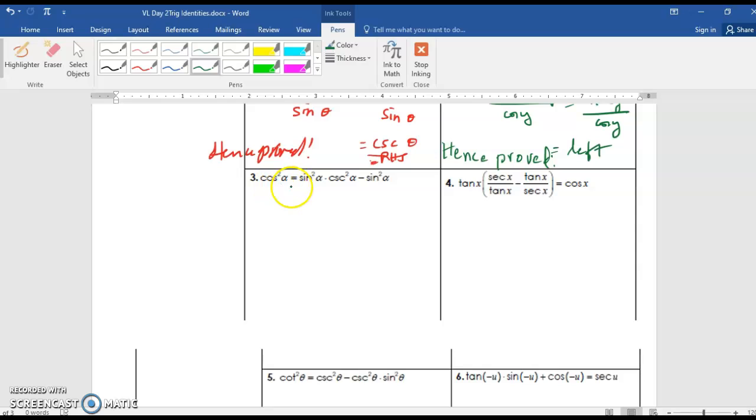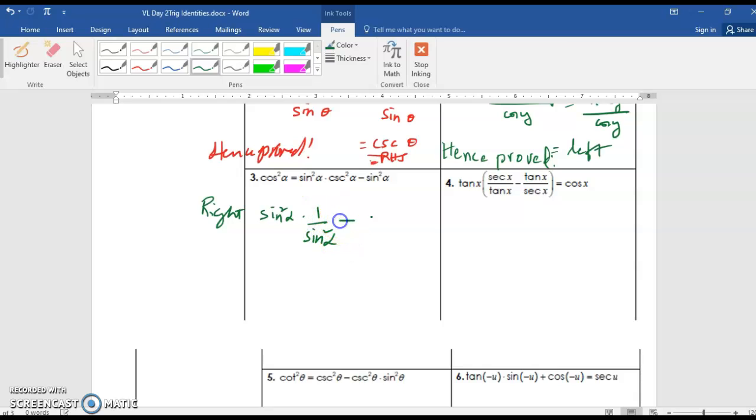Okay, cos squared alpha equals sine squared alpha times cosecant squared alpha minus sine squared alpha. So it looks like the right side is more complicated, right? I'm not going to solve this completely. I want you to do it. I'm going to just give you a hint and leave it there. So I'm starting with the right side here. So sine squared alpha times 1 over sine squared, isn't it?